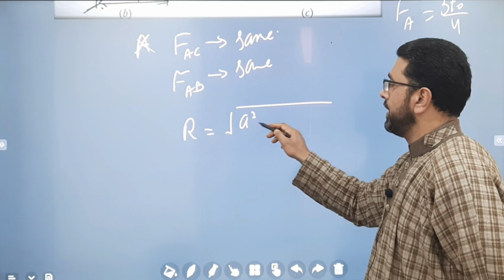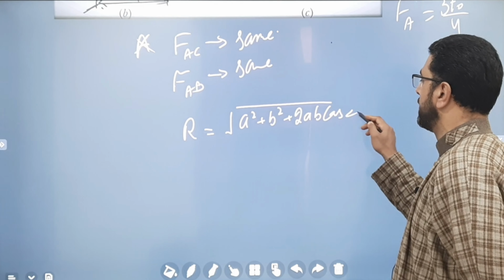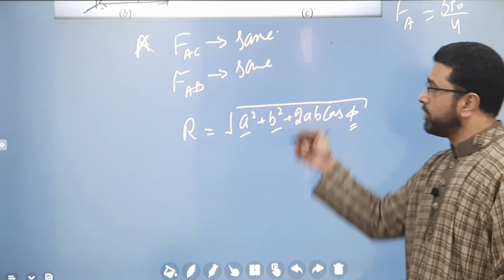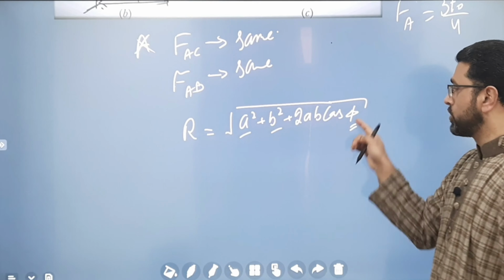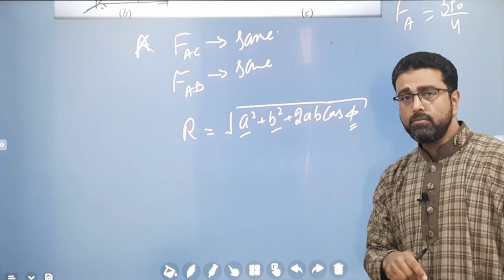Now, from the knowledge of vectors, you must know that resultant of two vectors A and B is under root of A squared plus B squared plus 2AB cos phi, where phi is angle between A and B. I'm not using theta because theta is used for something else. I'm using phi.